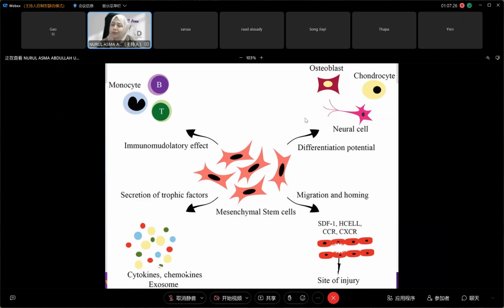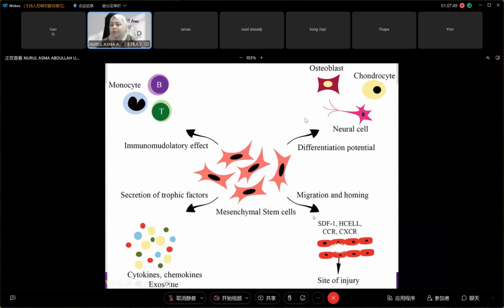So by secreting exosomes, these mesenchymal stem cells can help the cells in our body to communicate and give signals to help regenerate or repair or protect the environment, like what they do with the immune cells.